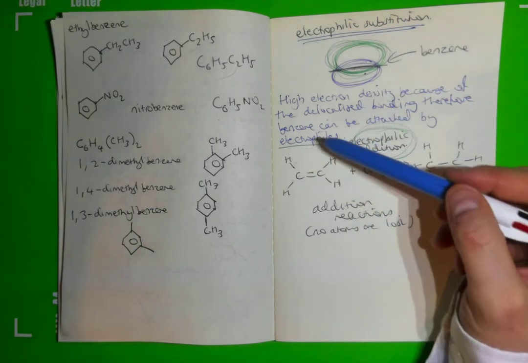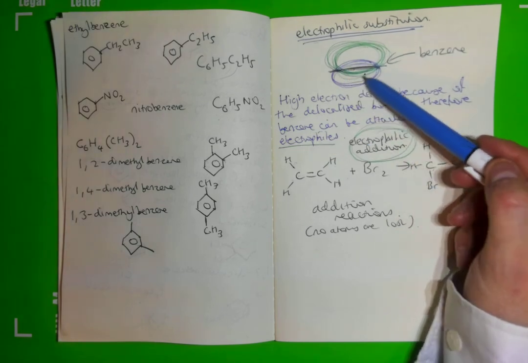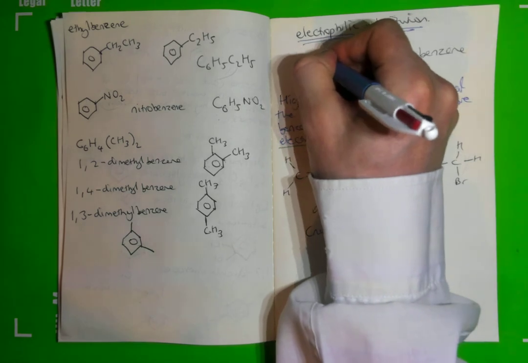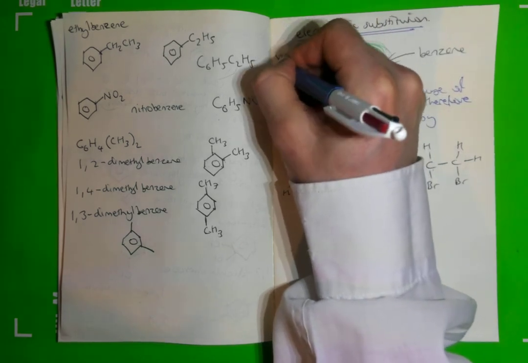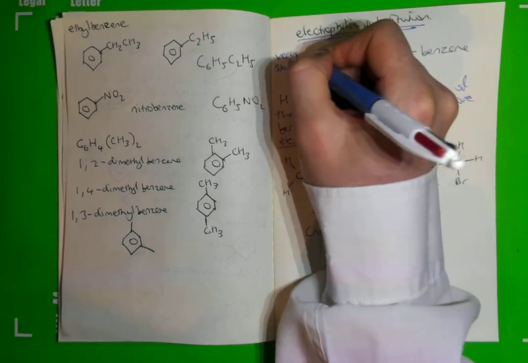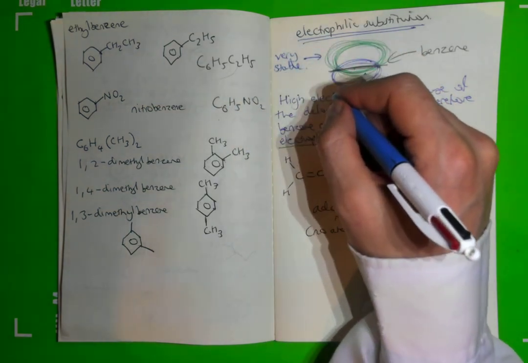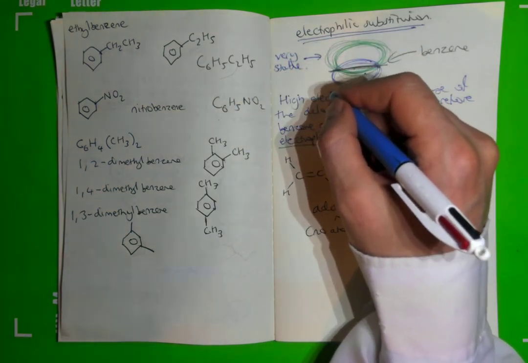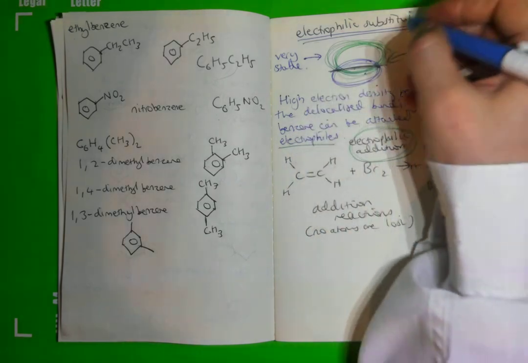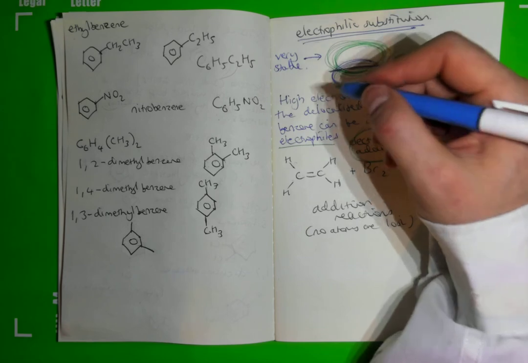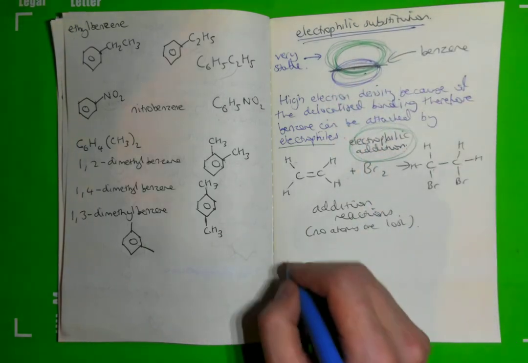The next thing, still to do with this ring, is the fact that this ring is very stable. So because it's very stable, we need to put energy in to break the ring. We call this the delocalization energy.